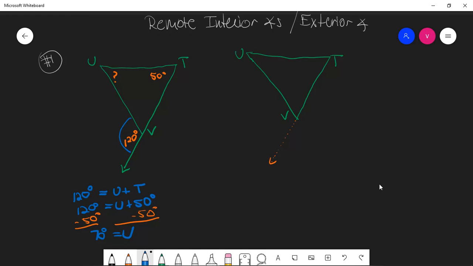Okay, so again, if you were making exterior angles for all of them, you just extend the line out. There's an exterior angle here, okay? Just extend the line beyond. All right, so here's other things that you could do with this. Here is 120 plus what?